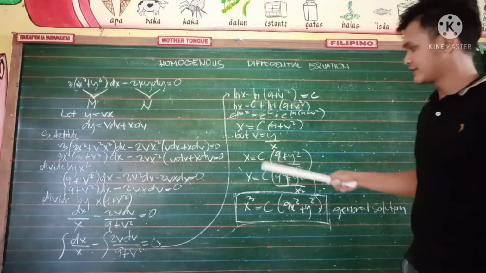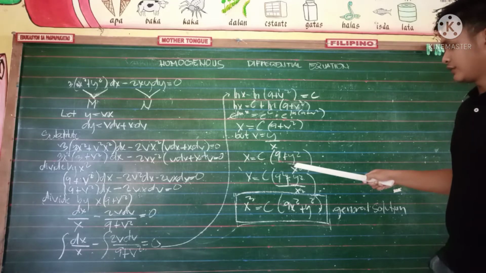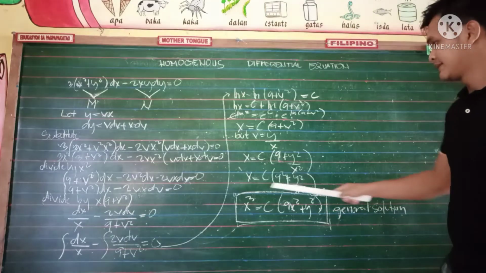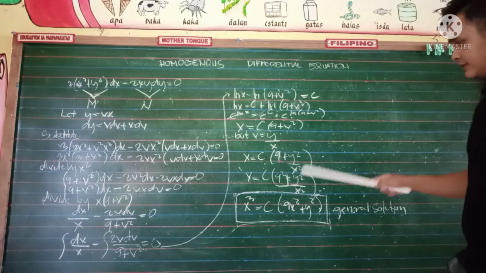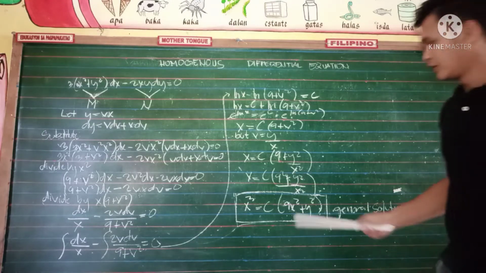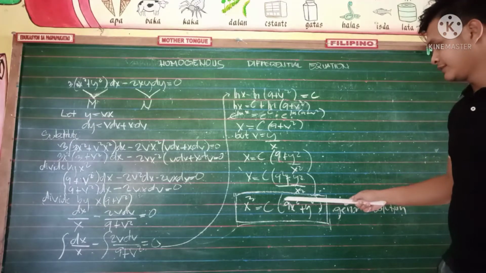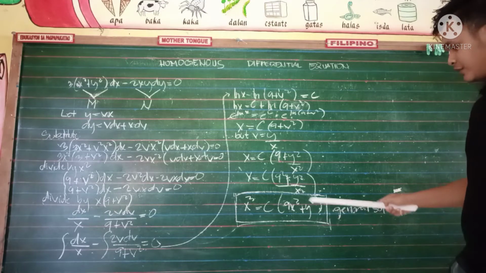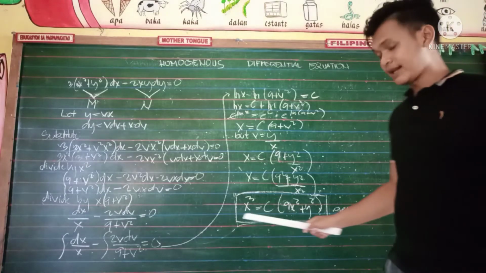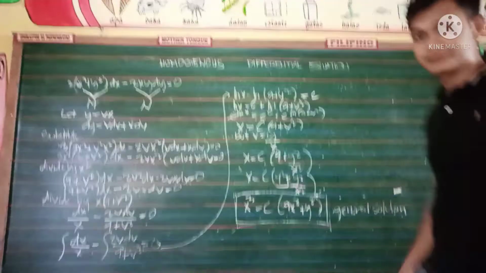So x equals c times (3 plus y squared over x squared), and x equals c times (3x squared plus y squared) over x squared, or we rewrite as x cubed equals c (3x squared plus y squared). This is our final answer. The arbitrary constant is not defined, so it is a general solution.